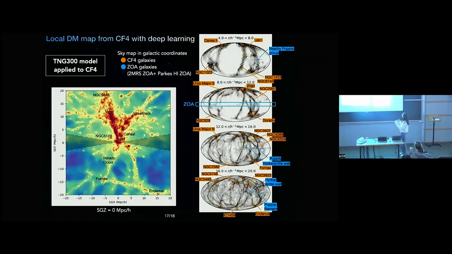And we notice here that the overdensities, in black and light gray, are quite matching with the blue points, the galaxies in the zone of avoidance. So we are quite happy that we are constructing structures in the zone of avoidance despite removing the data within this zone for the training.